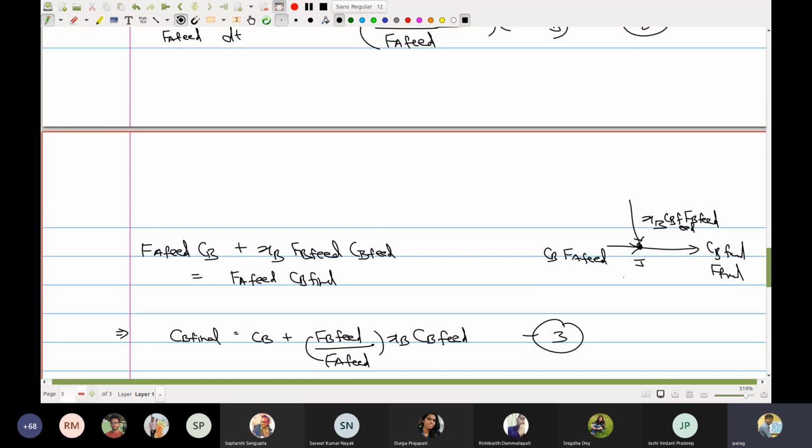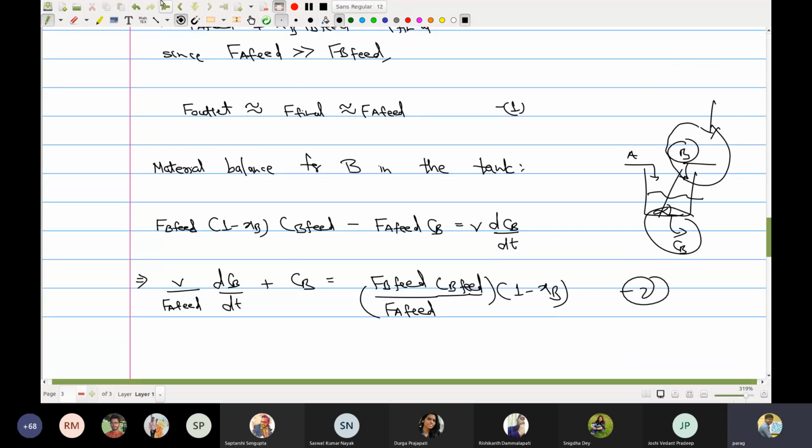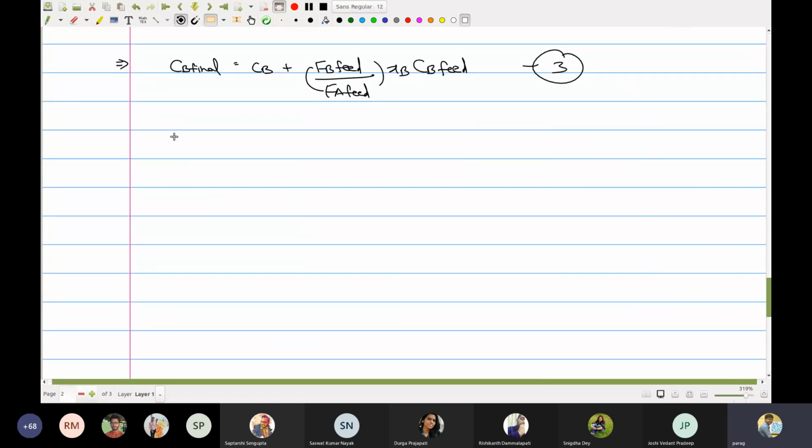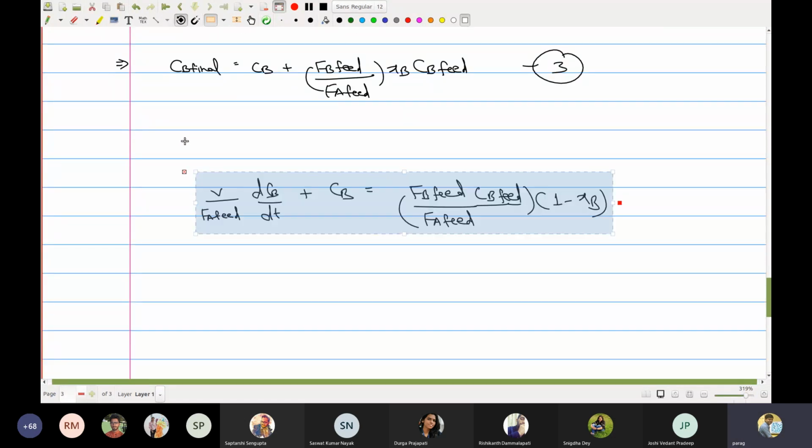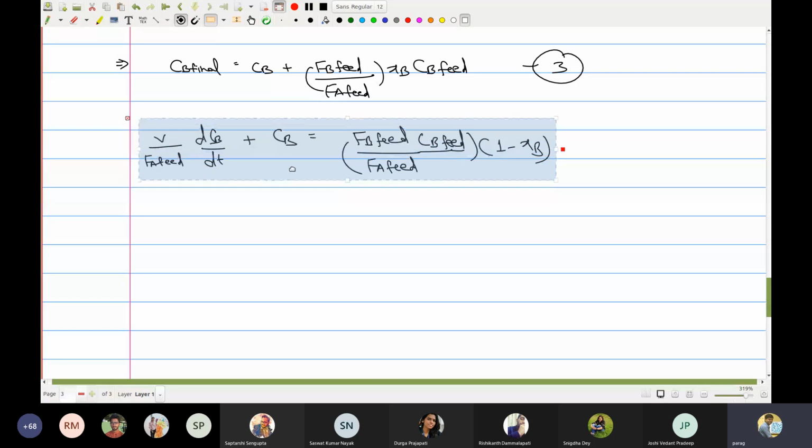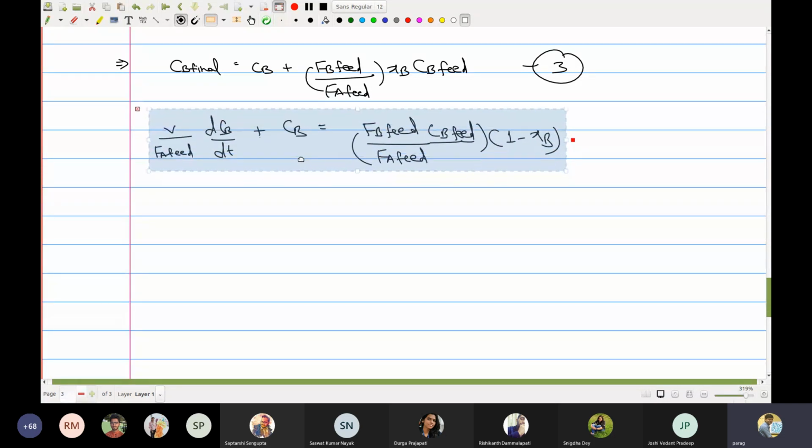So let me copy paste these two important equations and let's see if I can recast it in some form. So I have these two equations.